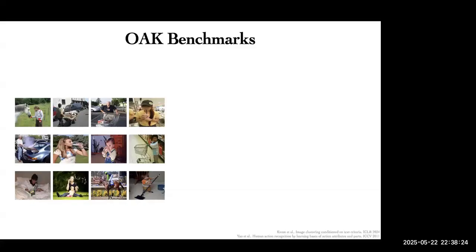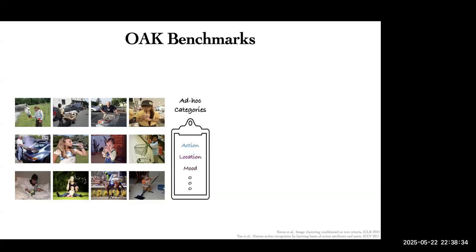So there is a benchmark, Stanford benchmark on action, mood, location. They annotate the same data differently based on action, location, or mood. If it's action, it gives some labeled images, pushing a car, drinking. And your job is to figure out some other instances, identify other pushing a car or drinking.